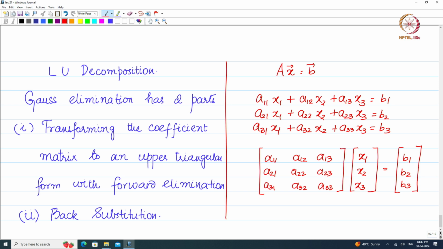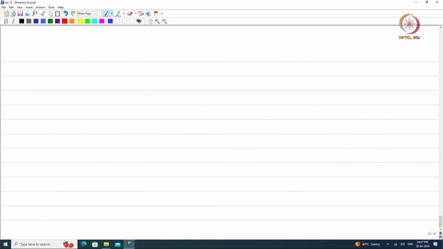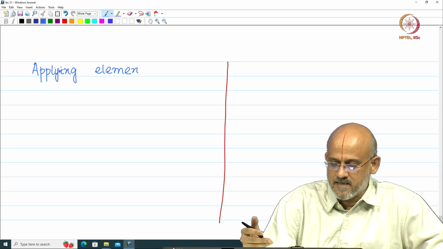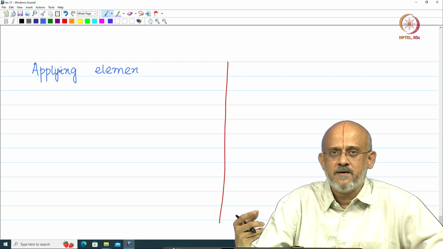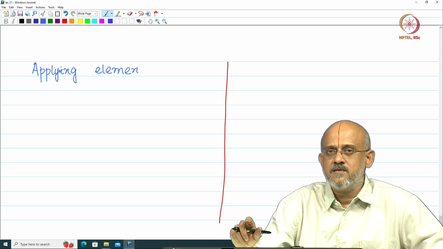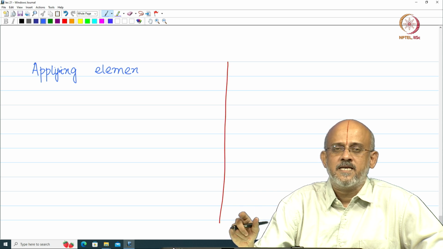Now, when we get to the row echelon form, we basically ensured that when we moved from this matrix A, applying elementary row transformations, it could be a combination of those three types that we had: row swap, replacing a row with a multiple of the same row, or replacing a row with the row plus a scalar multiple of another row.